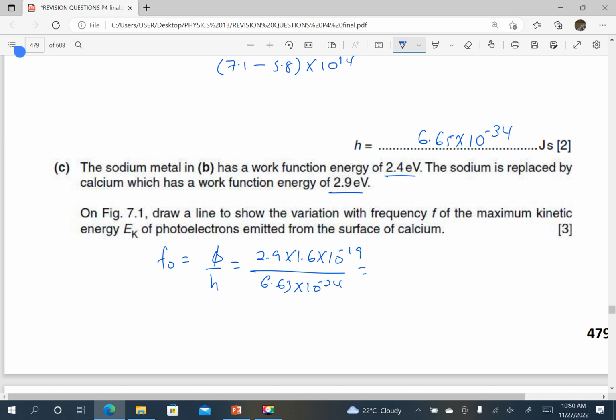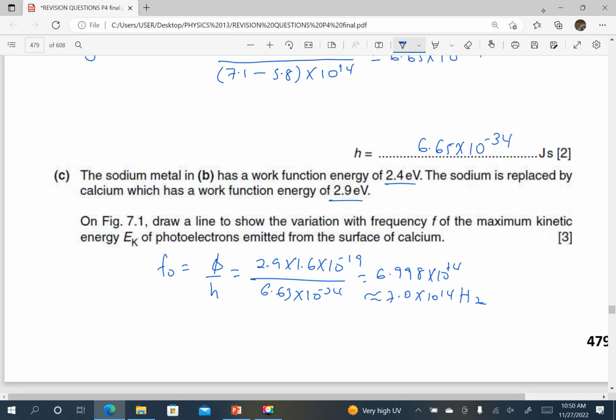So this is 6.998 times 10 to the power 14, which is approximately 7.0 times 10 to the power 14 hertz.